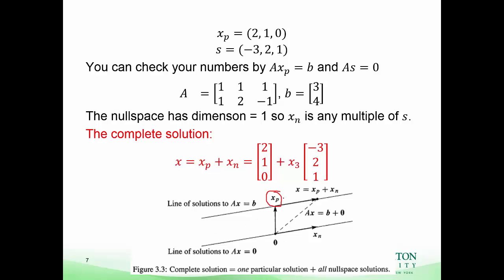So there's our xp. In this case, it's 210. It's a little hard to see why that vector that looks like it's sticking straight up is 210, but let's assume that it is. And so this line moves up to that line. Now any vector that lies on that line is a total solution.